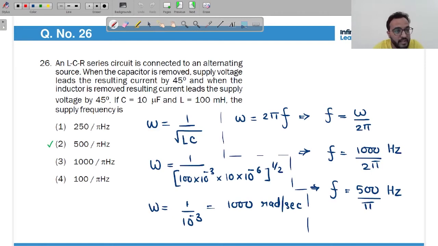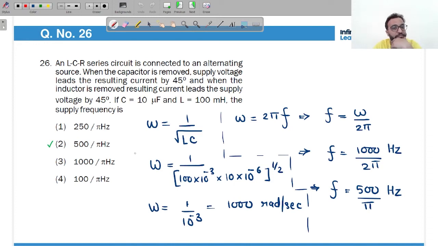Right? 26. An LCR series circuit is connected to an alternating current source. When the capacitor is removed, the supply voltage leads the current. Okay, see. So when you remove the capacitor or capacitive reactance, the supply voltage leads the resultant current by 45 degrees, right?